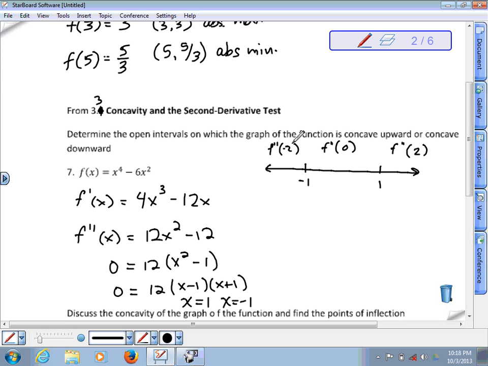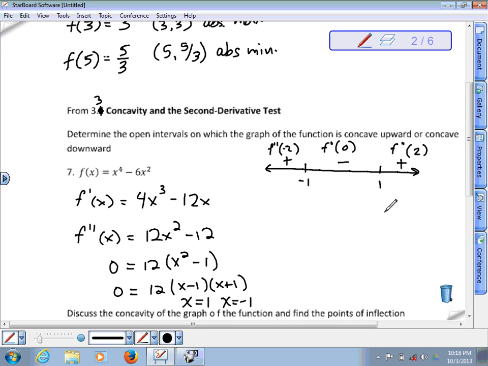So if -2 is plugged into the second derivative, -2 squared is 4, minus 1 is 3 times 12, that's a positive value. But if 0 is plugged in, 0 squared is 0, minus 1 is negative times 12, it's a negative value. And here 2 squared is 4 minus 1 is 3 times 12, it's a positive value.